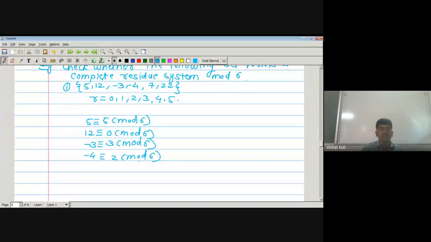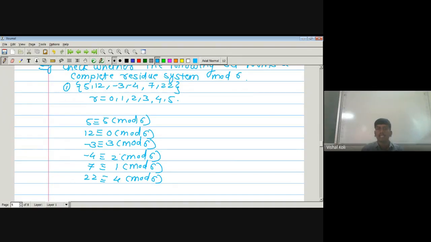Similarly 7 is congruent to 1 modulo 6, and 22 is congruent to 4 modulo 6. So here each integer, 5, 12, minus 3, minus 4, 7 and 22, is congruent to a different remainder, and here n is equal to 6 and k is also 6, since there are 6 integers.